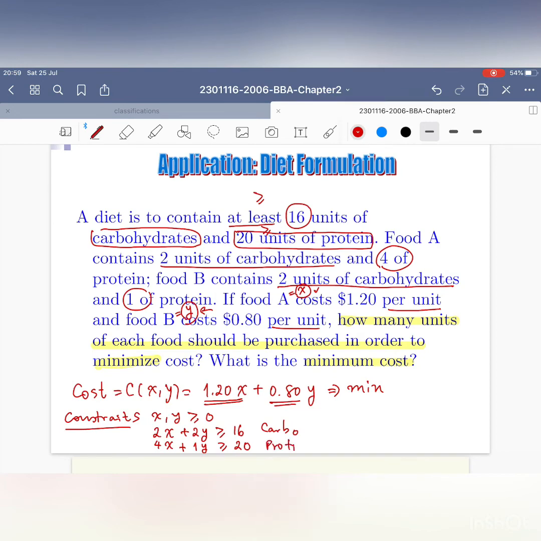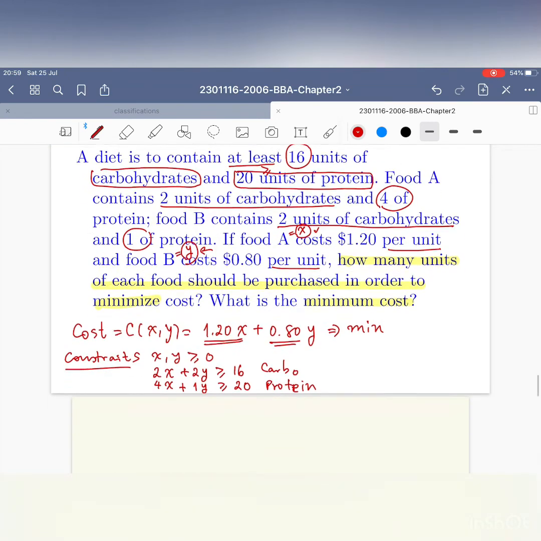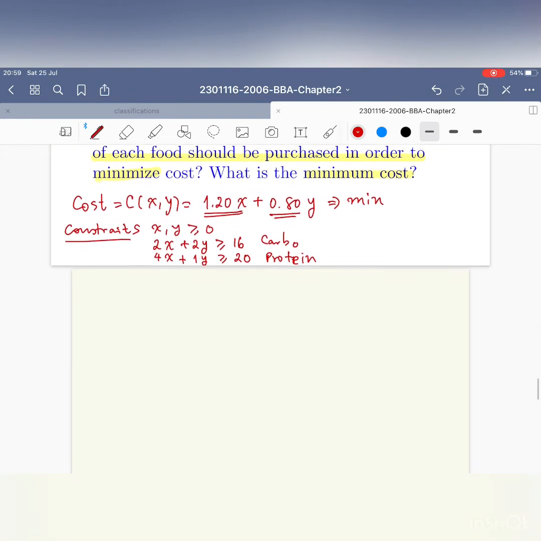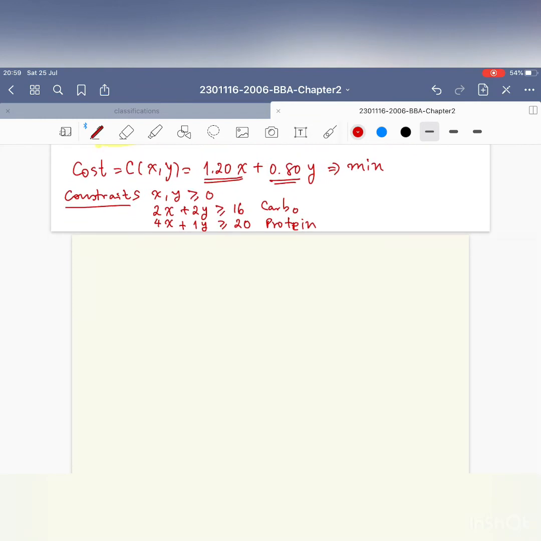So this one is for the protein. So this is not that difficult, right? Because you have only two major constraints. This constraint is to let you know that it is in the first quadrant.